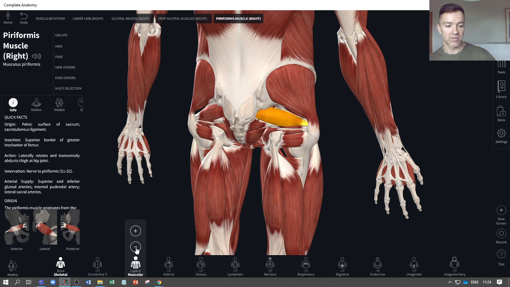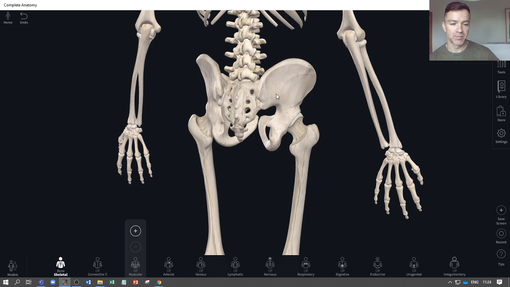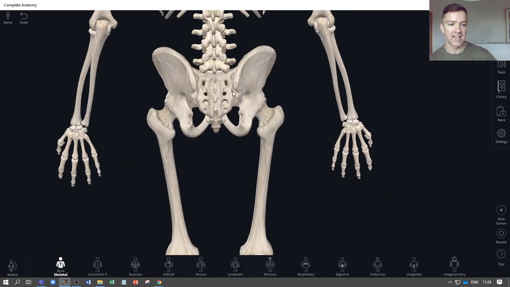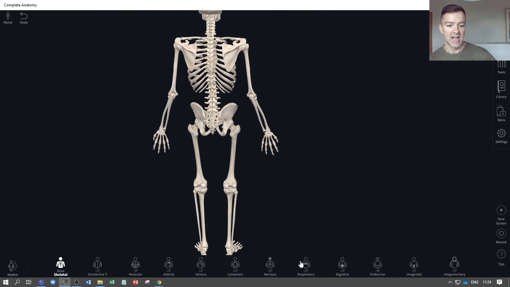So what I want to do is show you the sciatic nerve. We'll just strip the muscles back to our skeleton at the moment. So we're just looking at the skeleton on its own there. And on this model here, we can add the nervous system in. If we add the deepest layer of the nervous system in, we can see our sciatic nerve straight away.